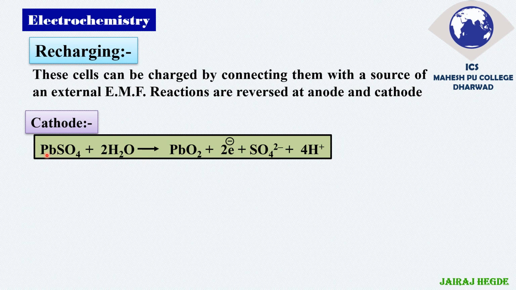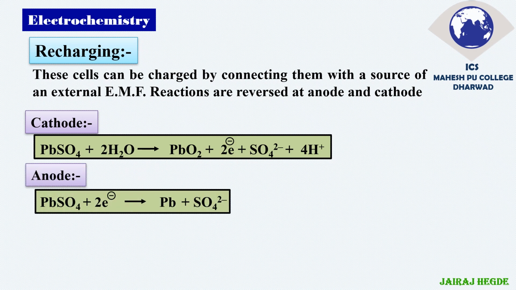Here at the cathode, what exactly happens? As I am reversing the reaction, it is undergoing oxidation. At the cathode, reduction should normally take place, but if you supply electricity in reverse, it undergoes oxidation. And at the anode, the reverse of that reaction: PbSO4 plus 2 electrons gives Pb plus SO4 2-.